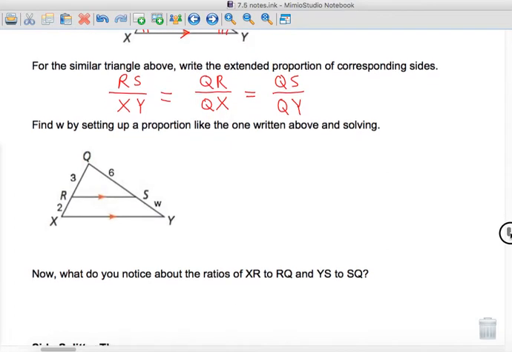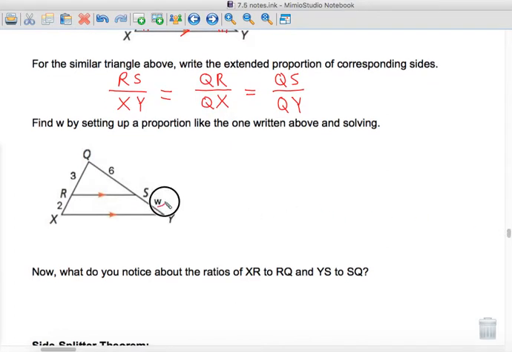So now let's use that information to figure out what W is in this triangle here. It's the same triangle, but now I've put some numbers in there. So set up a proportion like the one written above and solve it. So let's use this portion of it, QR over QX equals QS over QY.